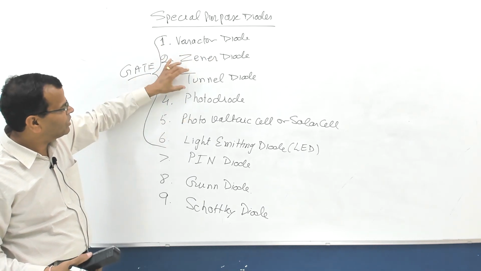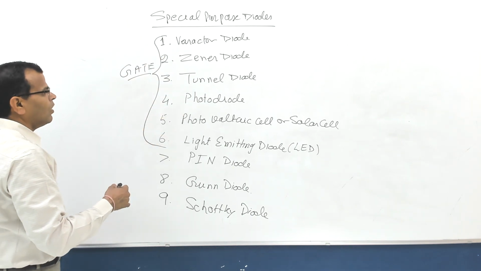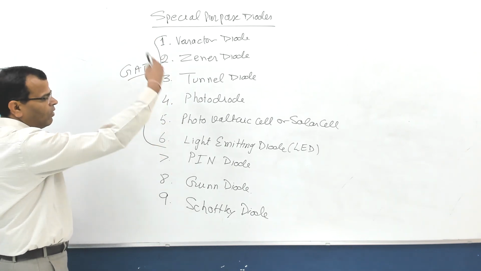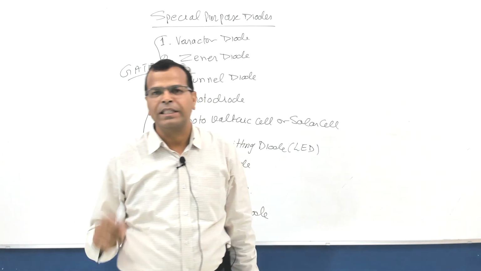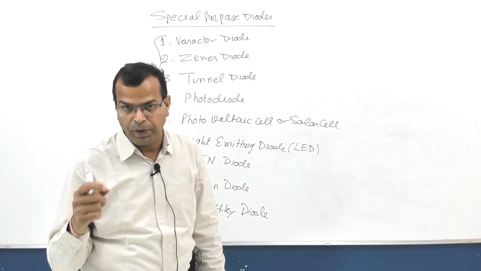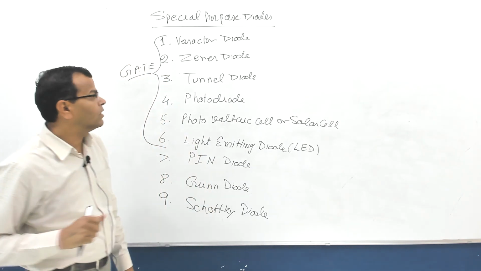Otherwise, this is mentioned, so there can be questions from these in the GATE, and all other remaining diodes are for engineering services exam, maybe for mains or prelims. There are questions in engineering services mains and prelims from this topic.